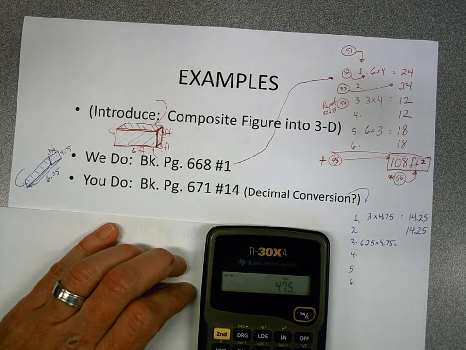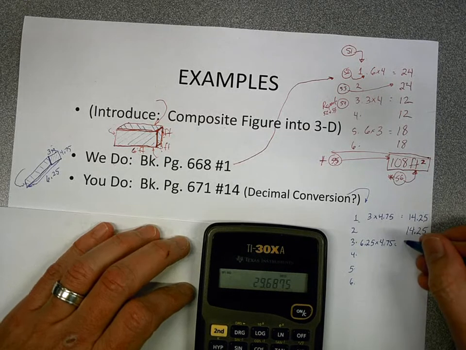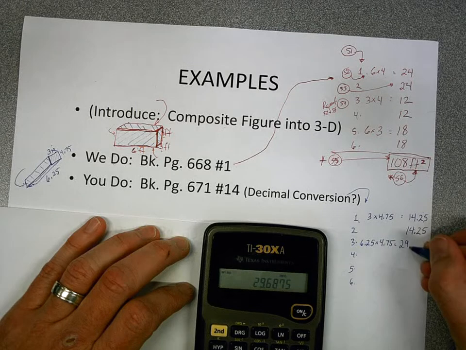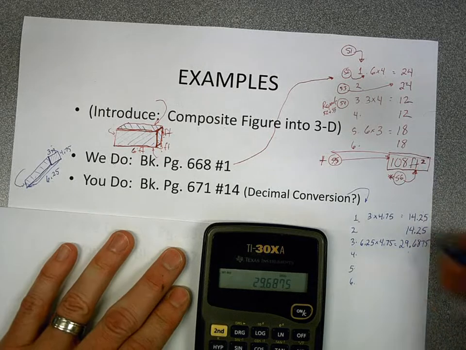Did I punch it in right? 6.25 times 4.75 equals, I get a pretty ugly answer here, 29.6875. If that is this side, then that back side is going to be the exact same thing.